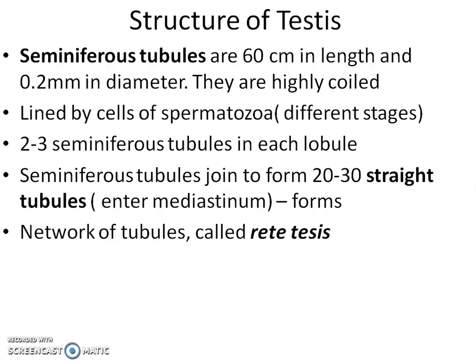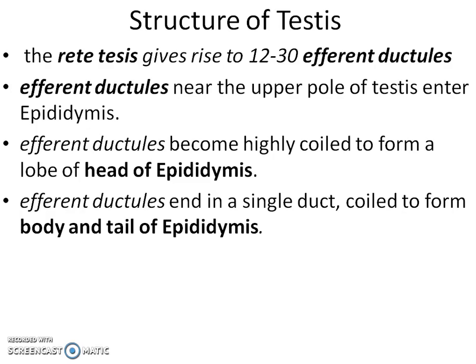These straight tubules enter the mediastinum testis, which is part of tunica albuginea, and form a network of tubules called rete testis. From rete testis, about 12 to 30 efferent ductules arise, and these efferent ductules near the upper pole of the testis enter into the epididymis.